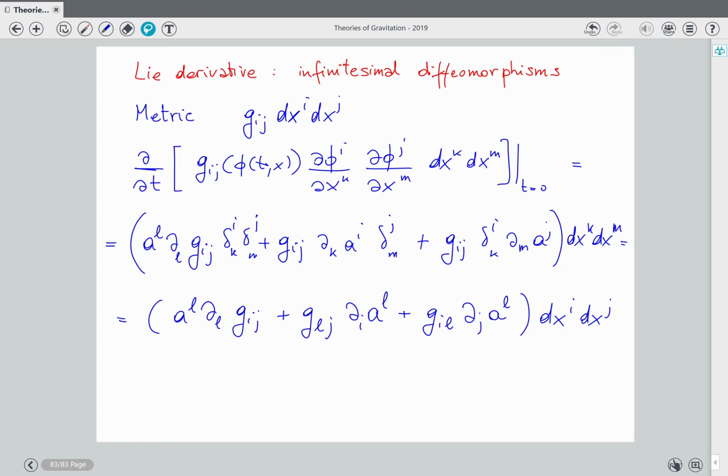And this is the Lie derivative of the metric along the vector. Or you can also say in components it is this thing.